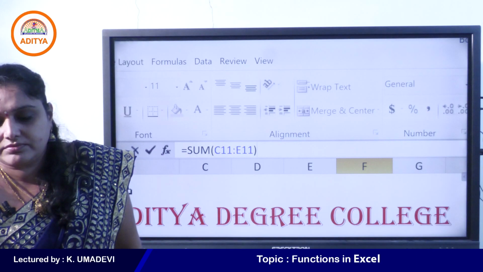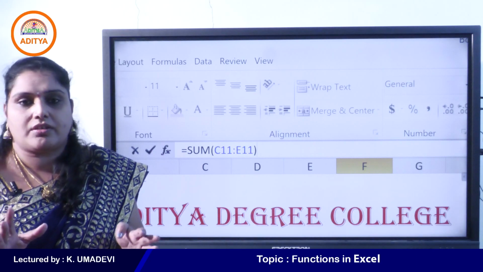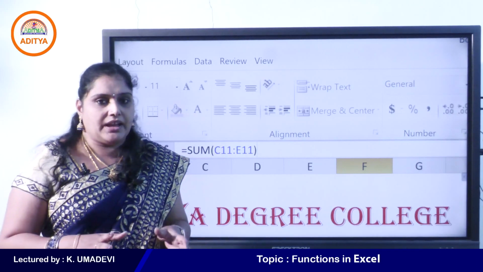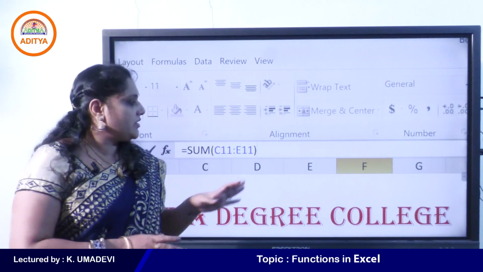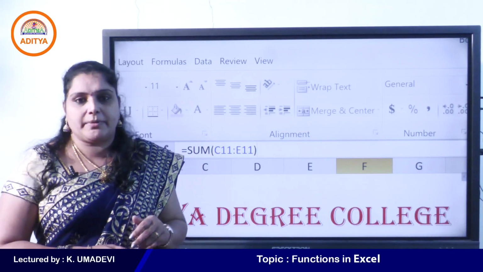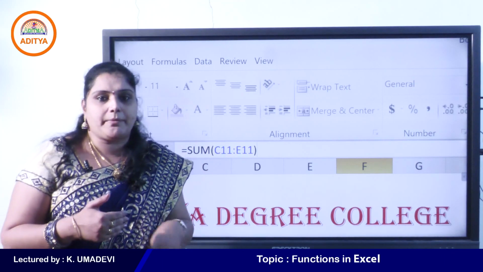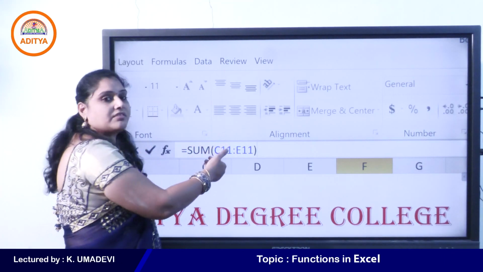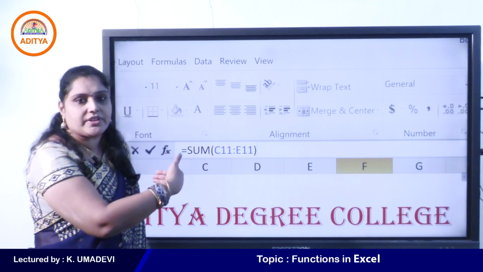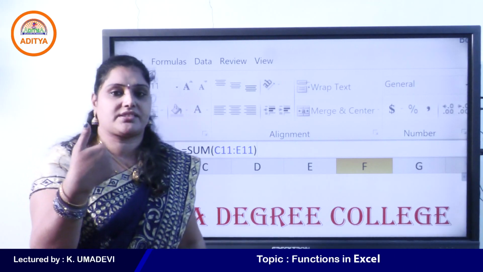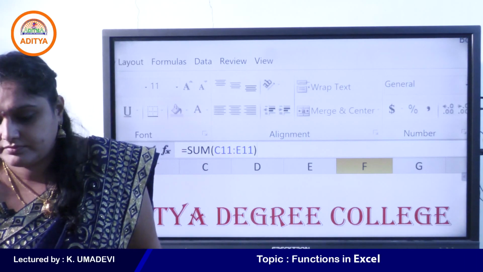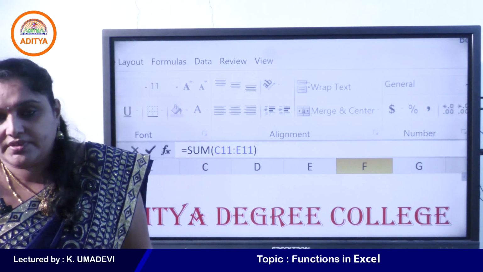Satya, very good. So how can we insert a sum function? Click on AutoSum and then enter the arguments. So as per our requirement, we can enter the arguments as values or the cell references or the range of cells. Clear?